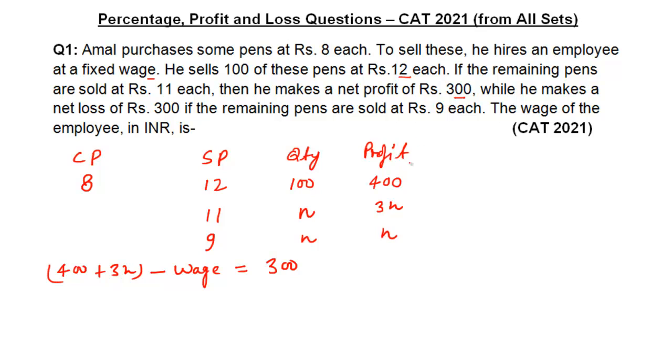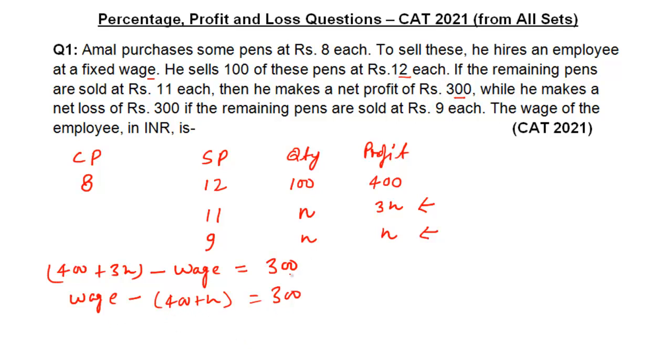Then I can make another equation: 400 plus n in this second situation, minus the same wage W, equals minus 300, and this is a loss.